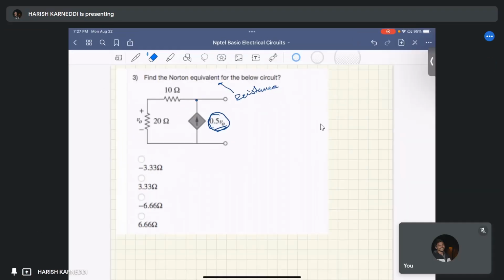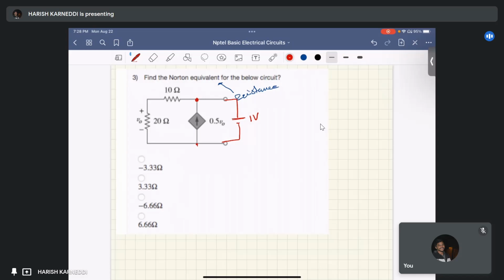To do that, we are energizing the network. I can draw here itself, it is better. I'm energizing this network with a 1 volt source.